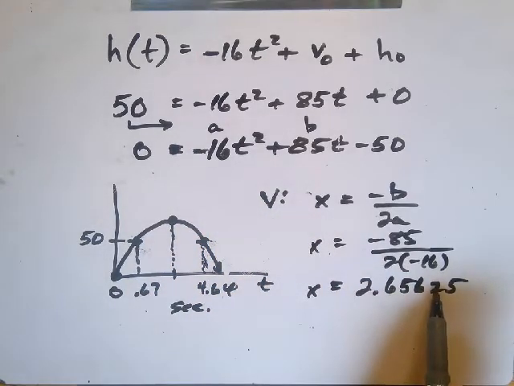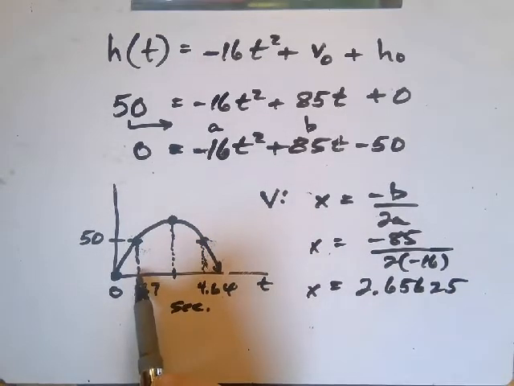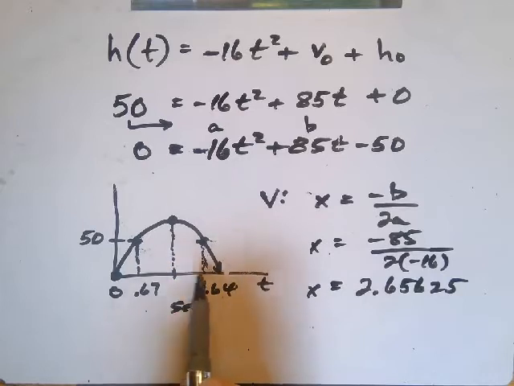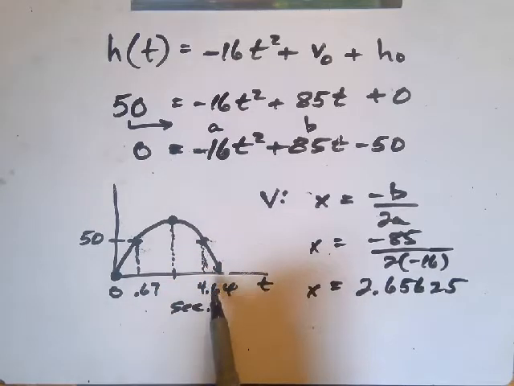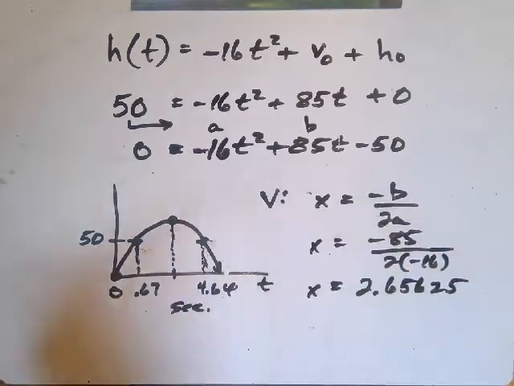And you know what? We probably could have found that by taking the average of these two. It's right down the middle here. It should be symmetrical. I could have averaged these two and found that number. To average them, I would just add the two of them together, so that'd be 4.64 plus the 0.67 and then divided by 2.